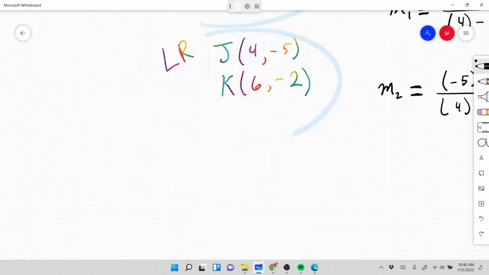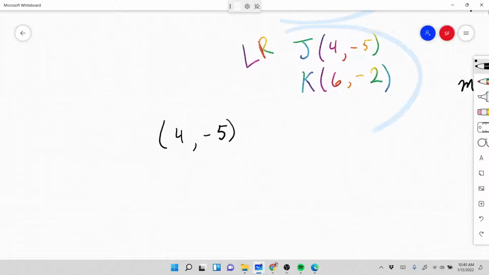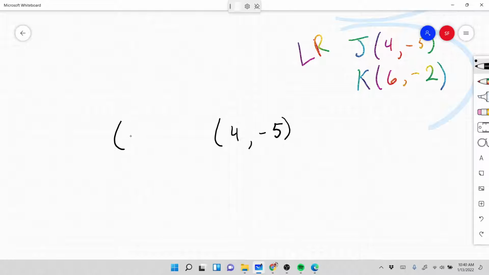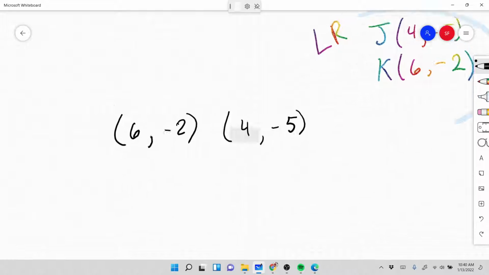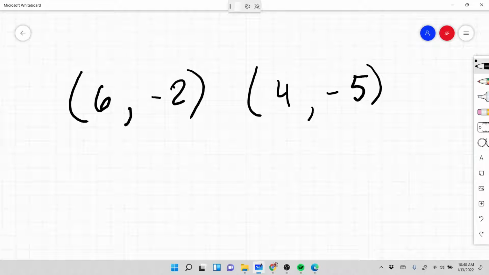If I write the points, it doesn't matter. Stop and listen. If I put the points in this order, their slope is the same. If I put them in this order, what is y2? -5. What is y1 if I put them in this order? -2.